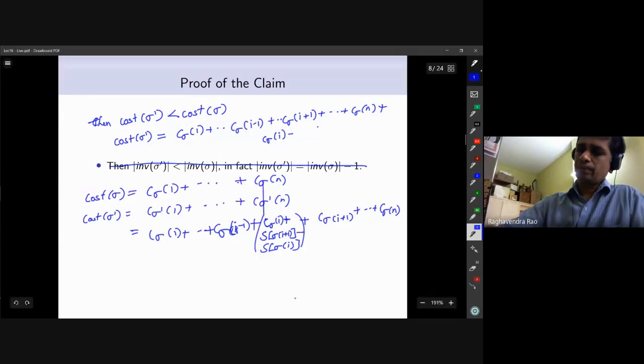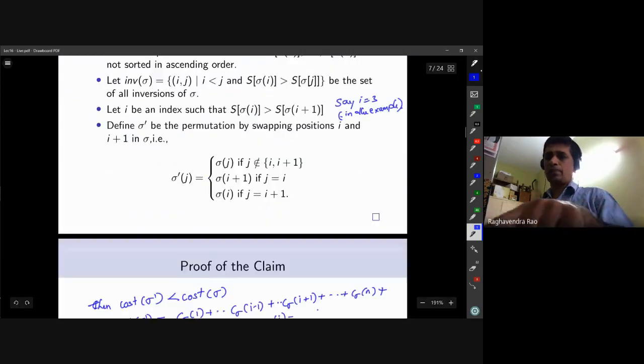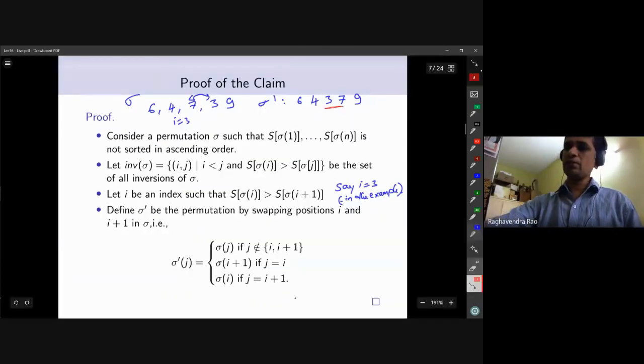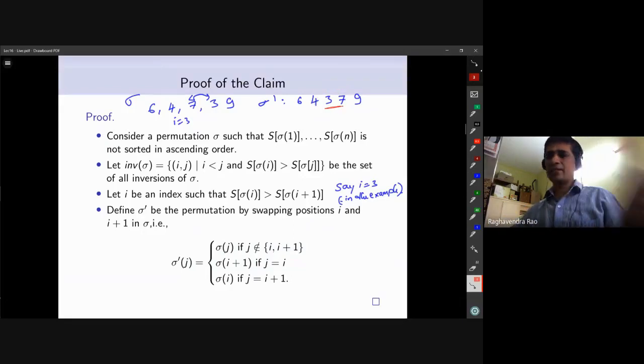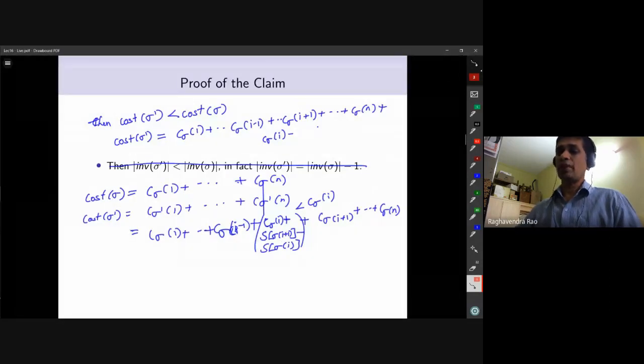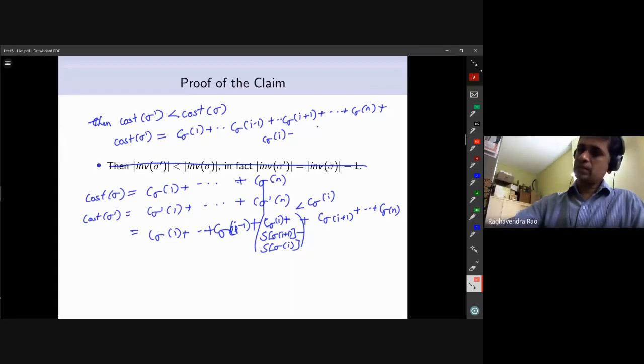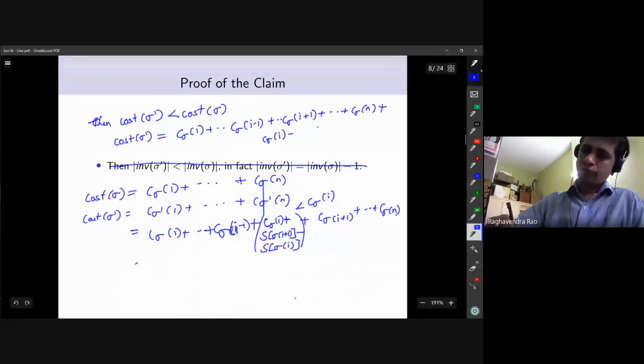This is a negative value, so this is less than C sigma I. In this case it was minus 4 because the difference between these two elements was 4. In general, it is S sigma I plus 1 minus S sigma I. Remember that S sigma I plus 1 was a smaller value compared to S sigma I, so this is a negative value. Hence this is less than the cost of sigma.